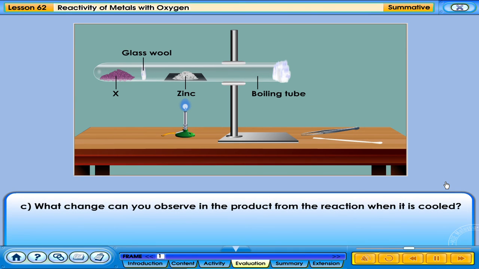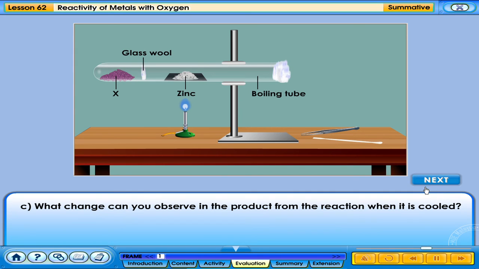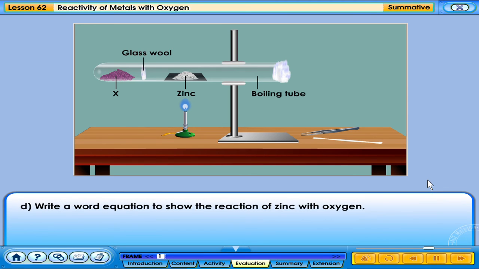C. What change can you observe in the product from the reaction when it is cooled? C. The hot zinc oxide changes from yellow to white when cooled. D. Write a word equation to show the reaction of zinc with oxygen.